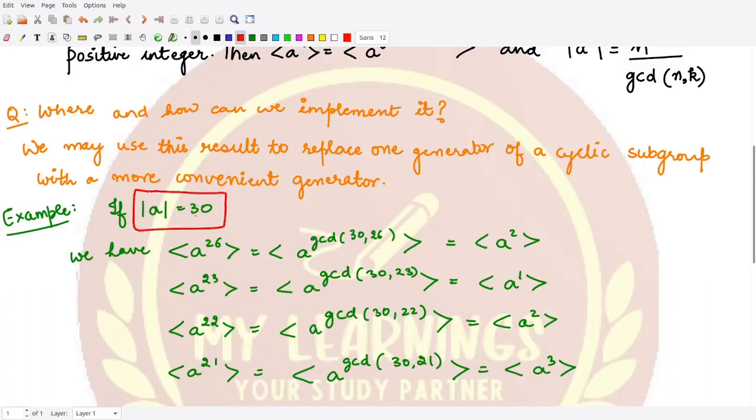If you wanted to know the subgroup which is generated by A to the power 26, that means A to the power 26 has been selected as a generator. Now we can replace this generator by a more convenient generator, which is A square, because calculating A square powers is much easier than calculating A^26 powers.